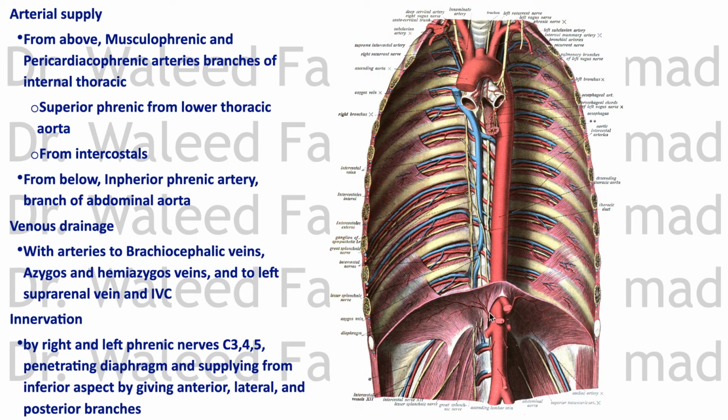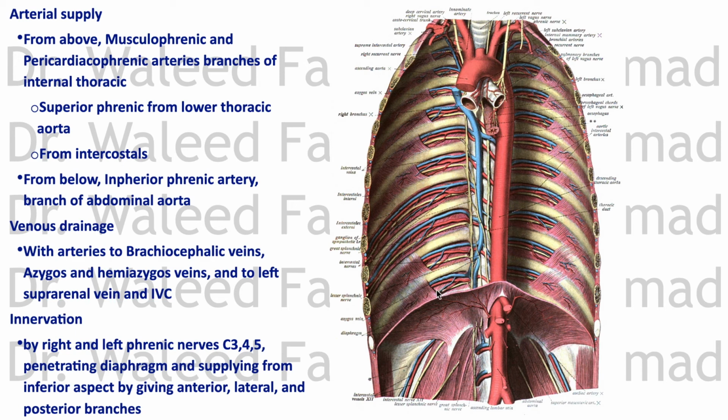See, these are the inferior phrenic vessels, supplying the central diaphragm from beneath. And there are a couple of these vessels at the top too, in the thoracic cavity, directly from the aorta. And the venous drainage follows the arteries to the brachiocephalic veins, azygos and hemiazygos veins.